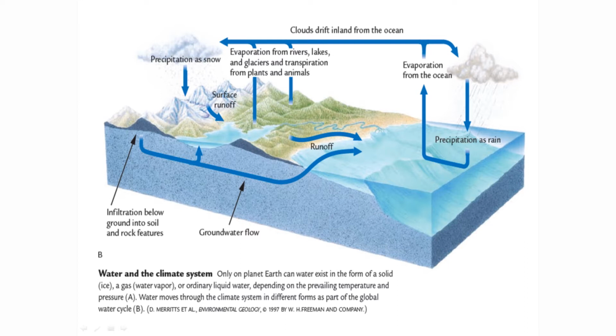A lot of the evaporation that happens over the oceans falls back over the oceans as rain, but a lot of it gets carried on to land as clouds or as water vapor, and it will rain or snow on land, and that water then gets into the rivers and lakes and groundwater, which will eventually flow back to the ocean.